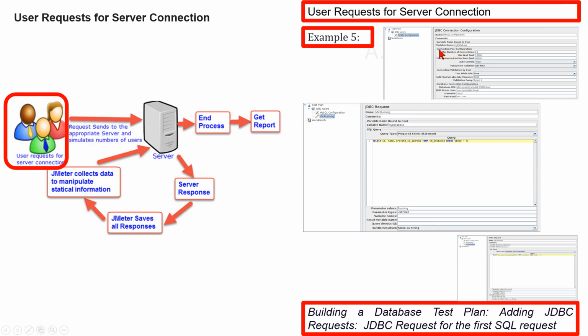JDBC URL, the database URL, that's jdbc:mysql://IP of the server:3306/cloud.